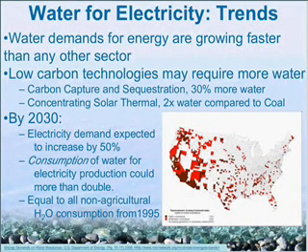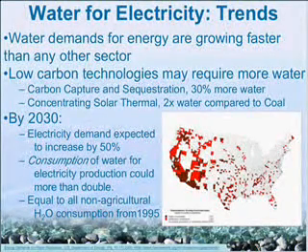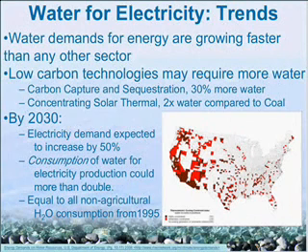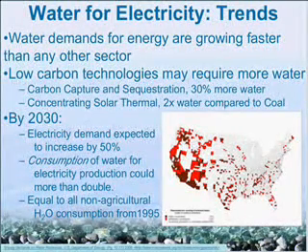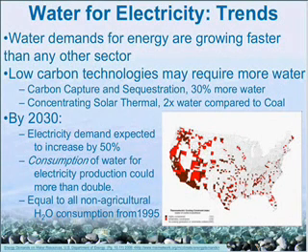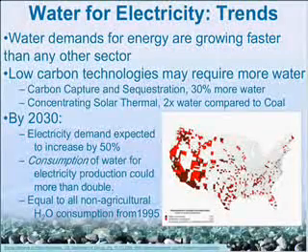One is, as we try to address climate change and shift to low-carbon technologies, many of these technologies actually require more water. Capturing the carbon from, say, a coal-fired power plant and pumping it back into the ground for storage so that it stays out of our atmosphere uses about 30% more water than a typical coal-fired power plant would, which already, as we've seen, uses a whole lot of water.